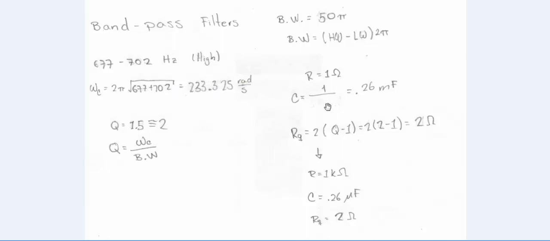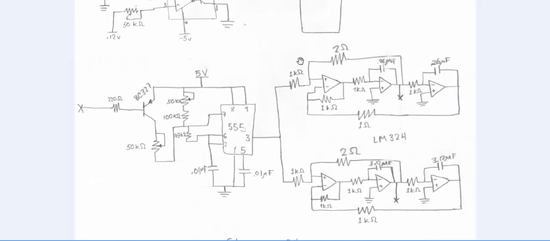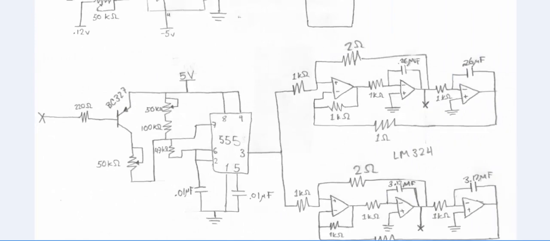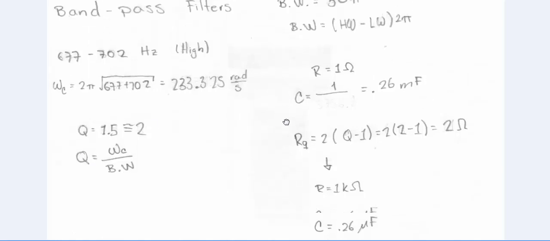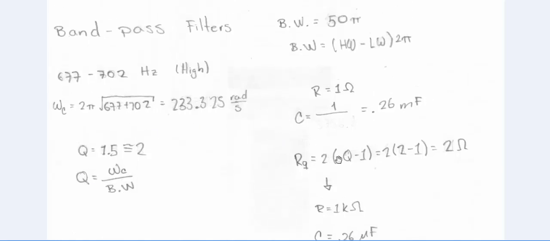So this value goes here, and we calculate the capacitance that it's 0.26 microfarads, and the resistance Q that, as I said, it's this one and this one. It has the name because of the quality factor. The formula is 2 times Q minus 1. In this case our Q is 2, so we have a resistance of 2 ohms.